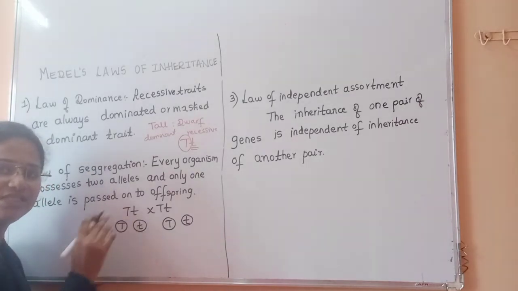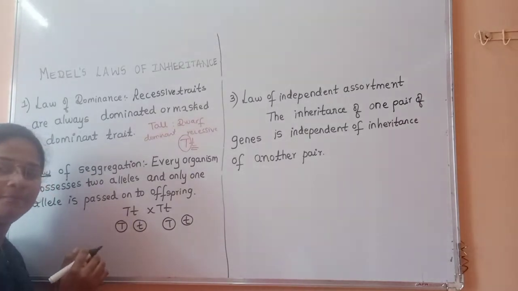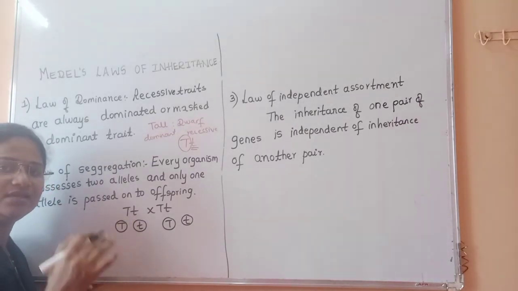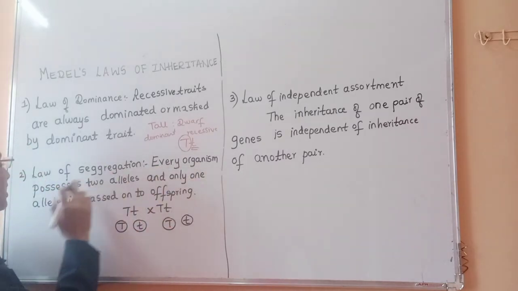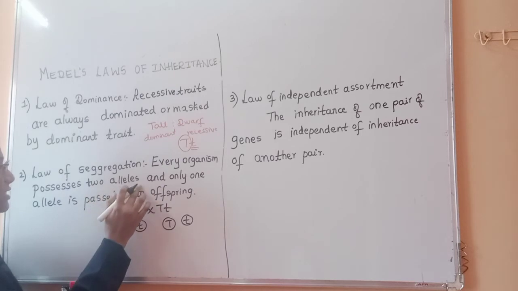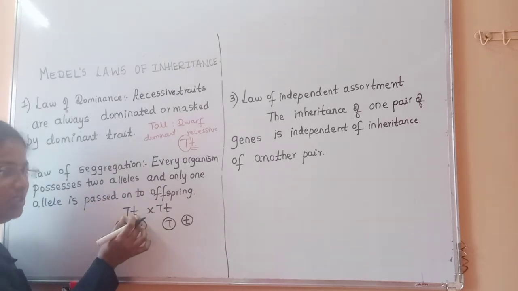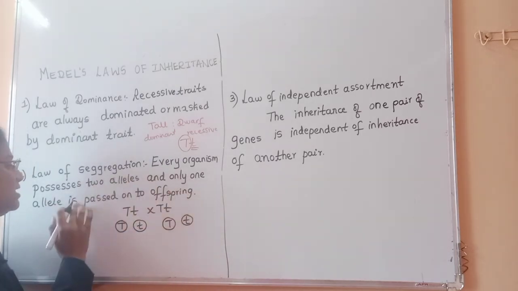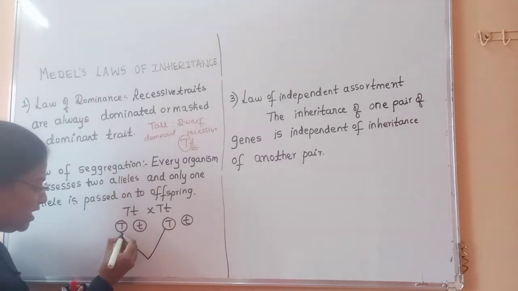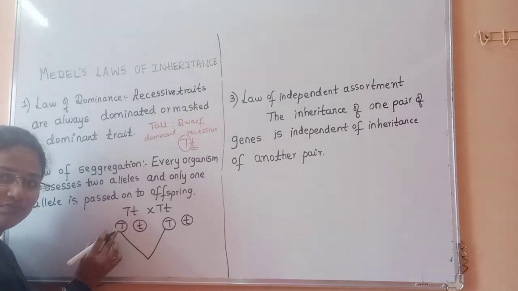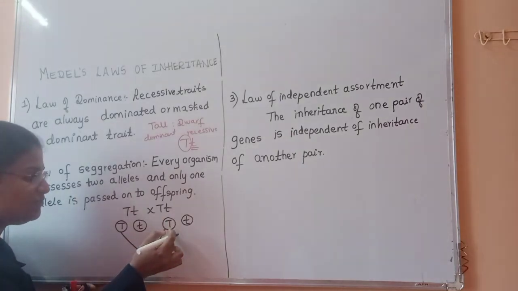The fusion of these gametes gives us the F2 generation. So here every organism possesses two alleles for a gene, and only one allele is passed on to the offspring.